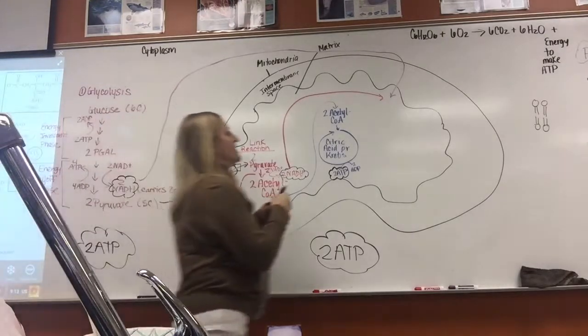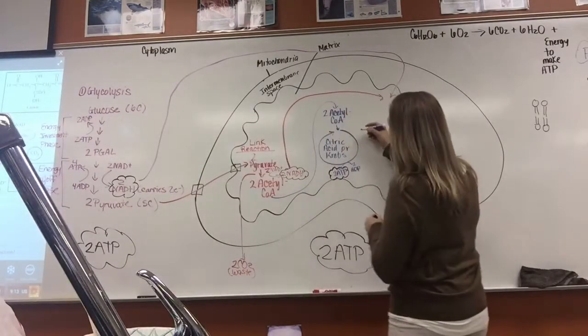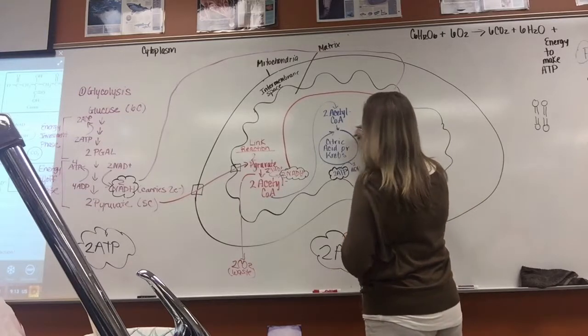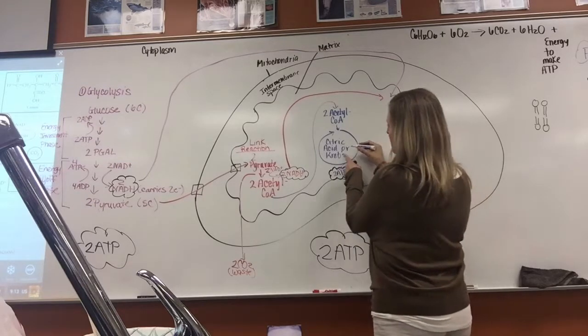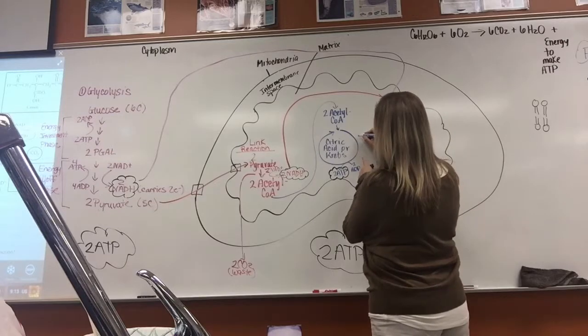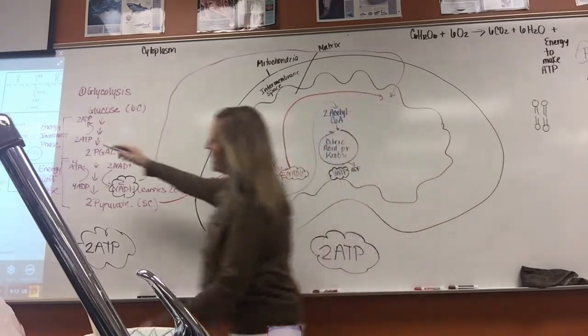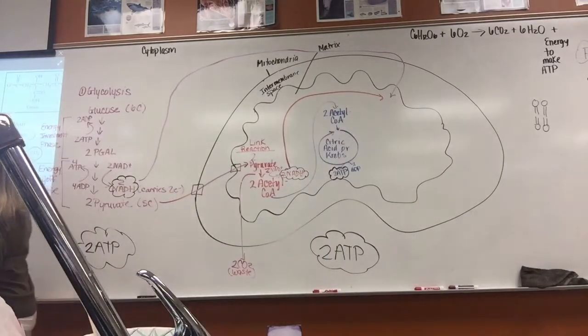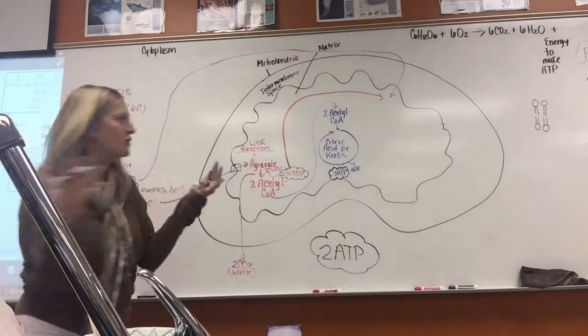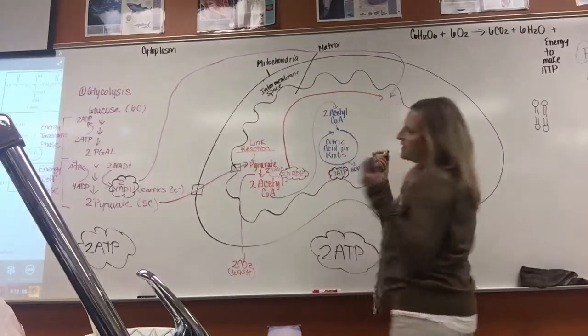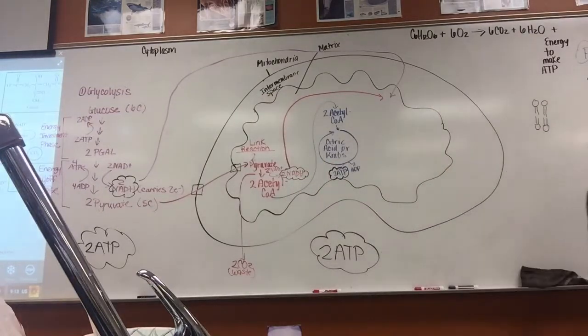All right, so in this here, I just wanted to come out of this to show you that I'm not going to do it in all different steps. Like here they show it here, here, and here. We just need to know the big picture, how many NADHs are made total.